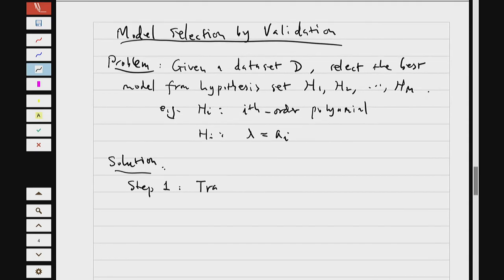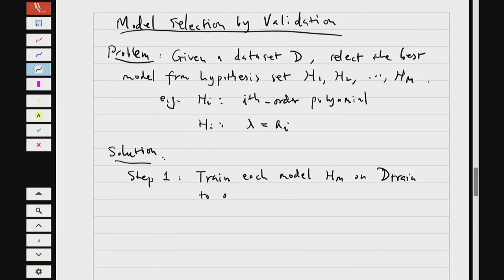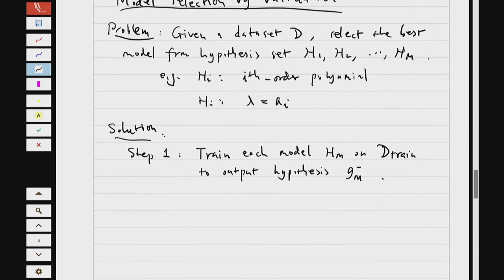And then step one, you will train each model HM on the training data set to output, let's say, hypothesis GM bar.